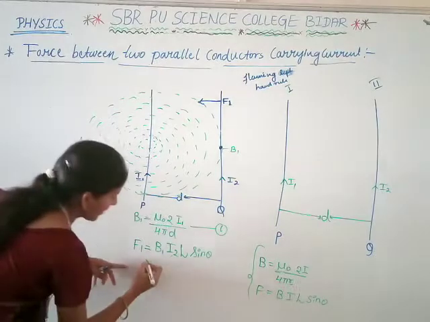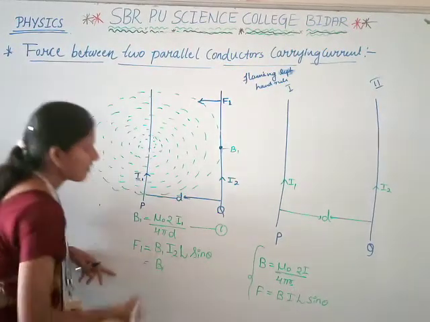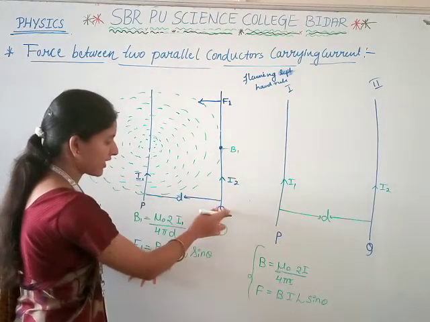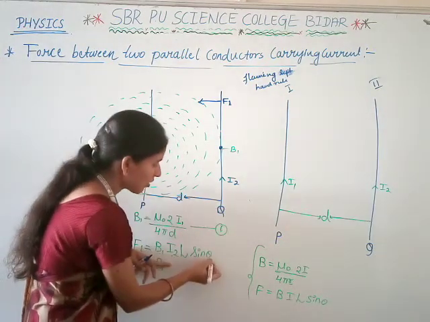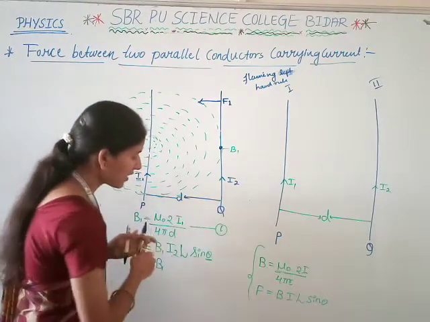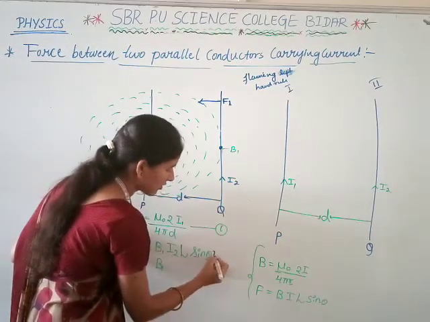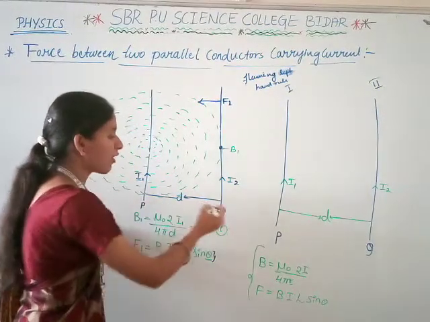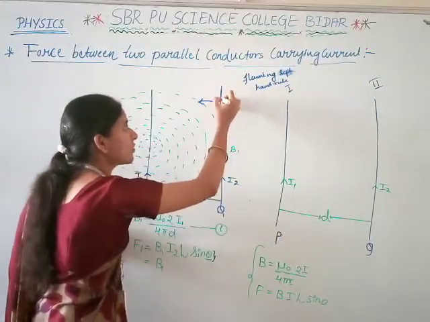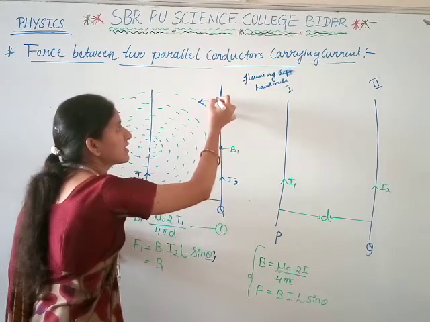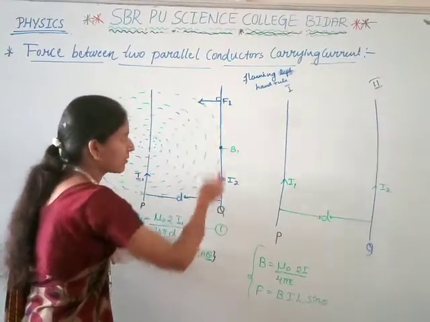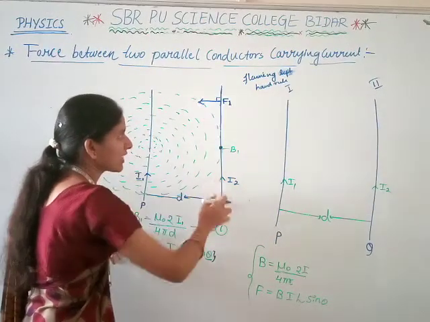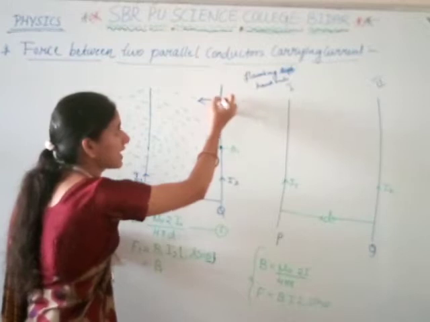Now see, B1 is the magnitude due to a conductor P, I2 is the current flowing through a conductor Q. Next, now see, theta. What is theta here? Theta is the angle formed between the conductor Q and the force. Okay, this is perpendicular to the conductor. Means when the force F1 is produced, it is perpendicular to the conductor. That theta value is 90 degree.